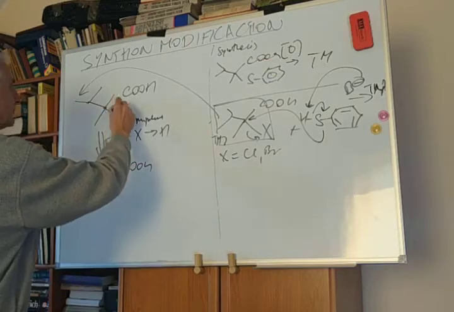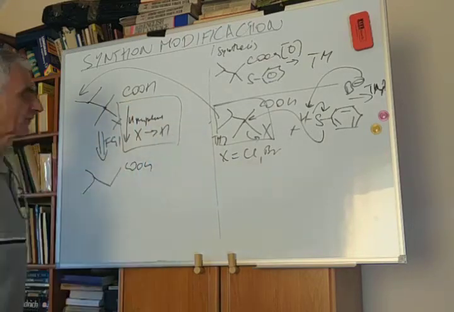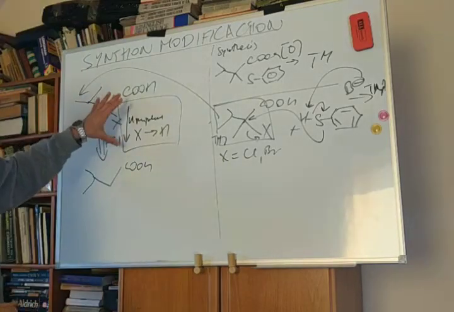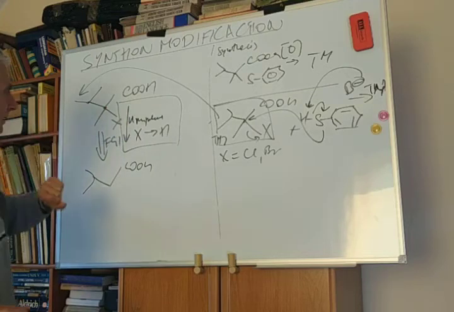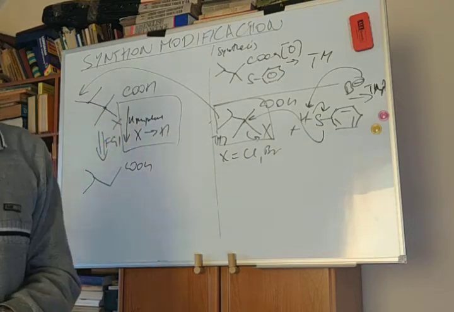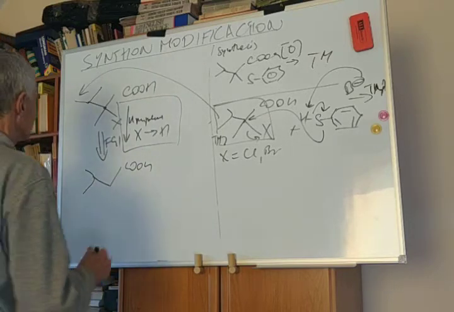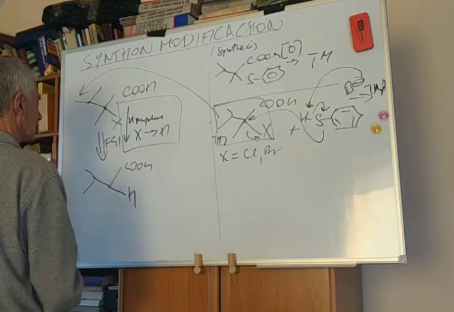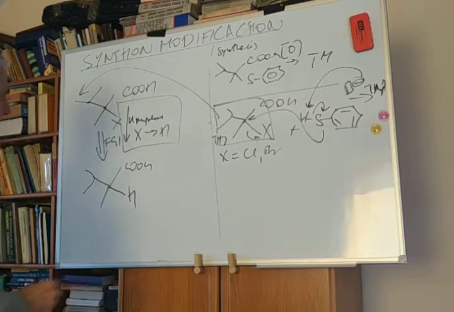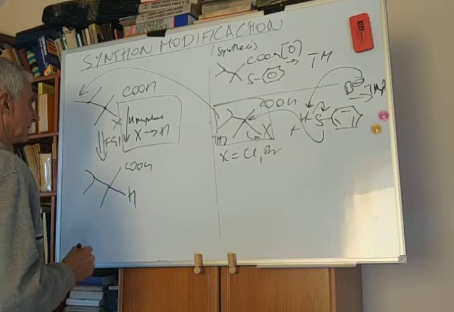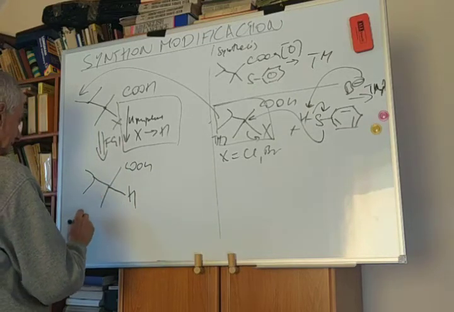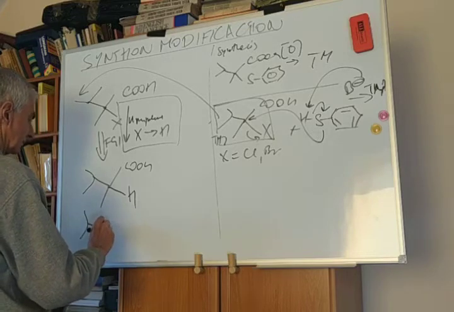From the point of view of retrosynthetic analysis, we can discuss this in the following operation, because we have here the acceptor synthon, and we would like to have that one. So it will be simply such a synthon.